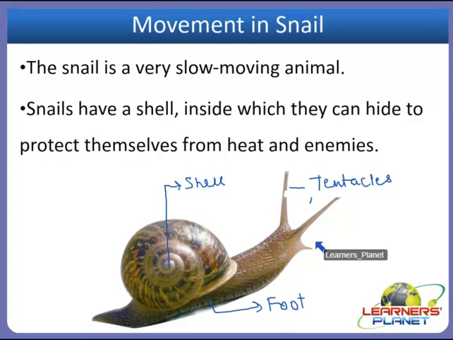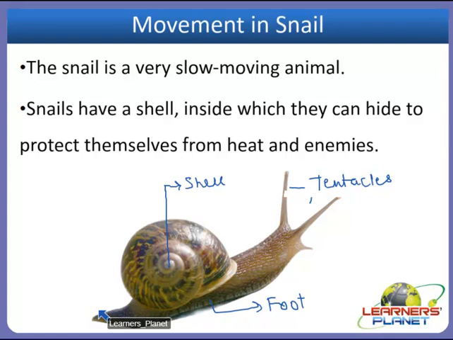So, this is a snail, just like an earthworm, but not totally as earthworm. It is a very slow moving animal and it has a shell inside which it can hide to protect itself from heat and enemies. And the shell is the outer skeleton, but it is not made up of bones.